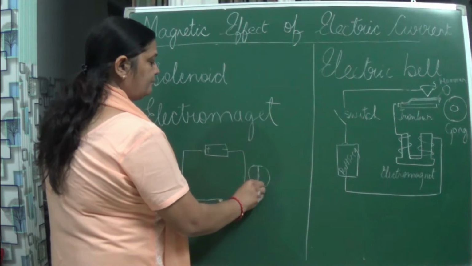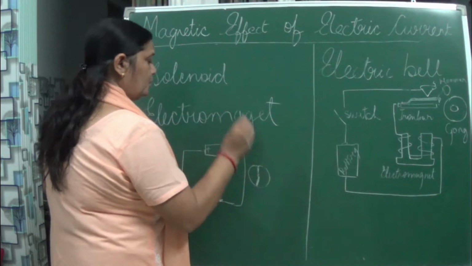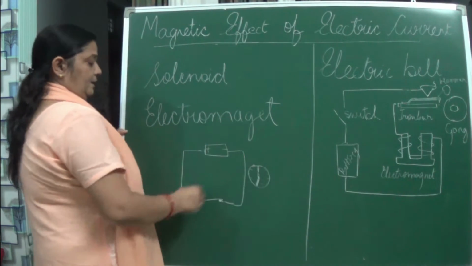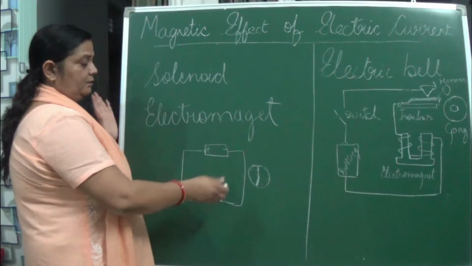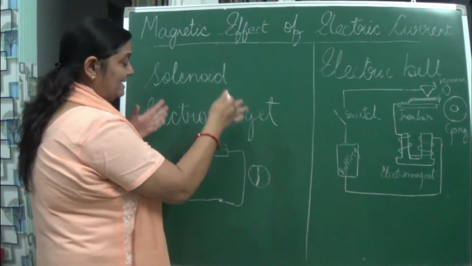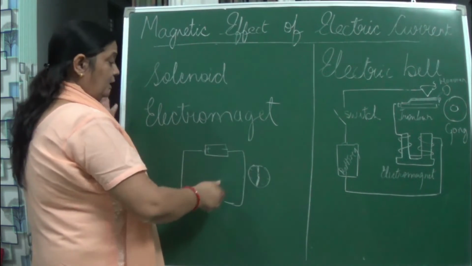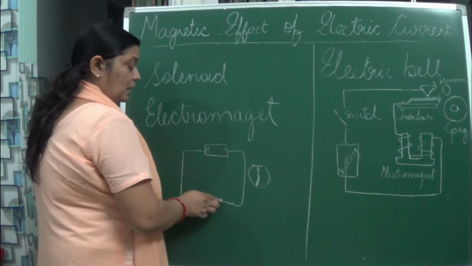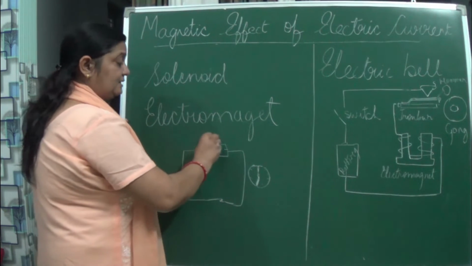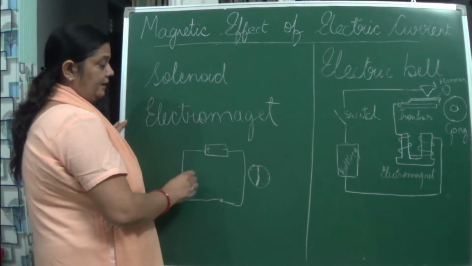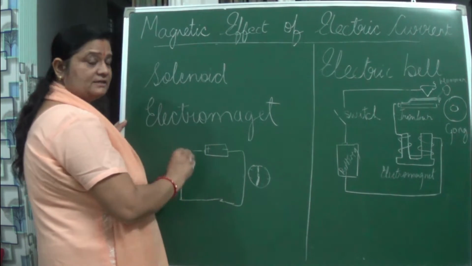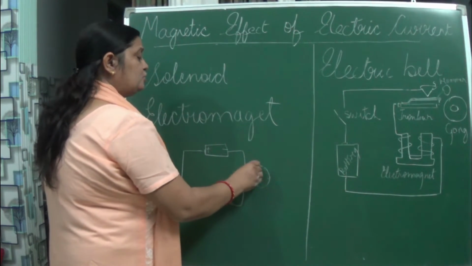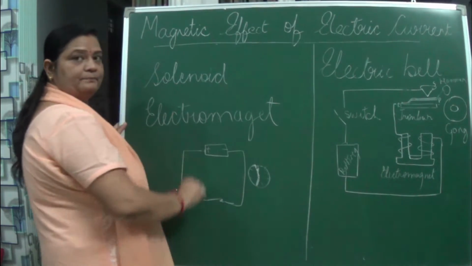Now what will happen? As soon as we close it, it becomes a closed circuit and electricity is flowing through it. We will see that when the current is flowing inside it, this compass will show deflection.